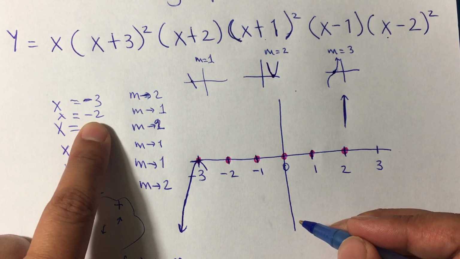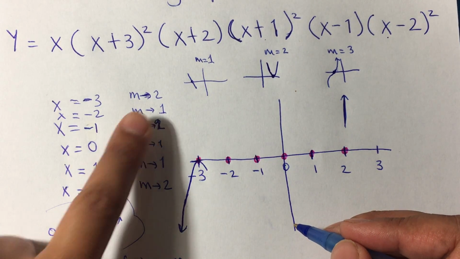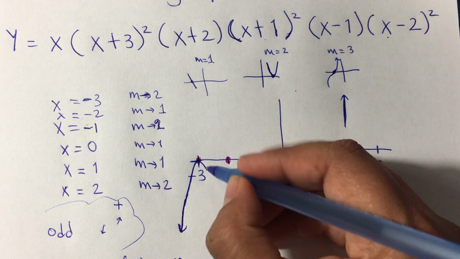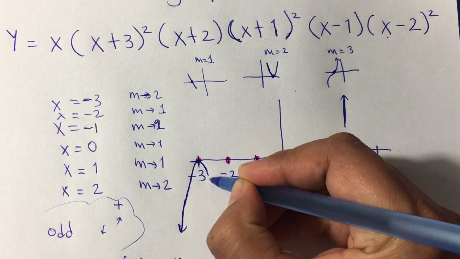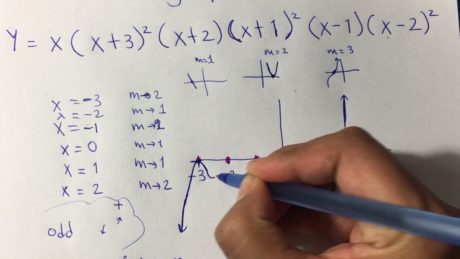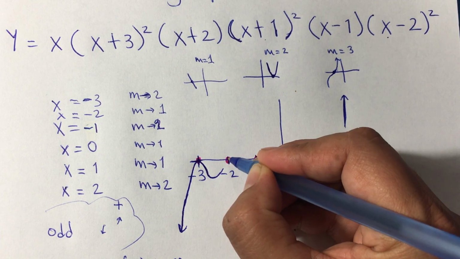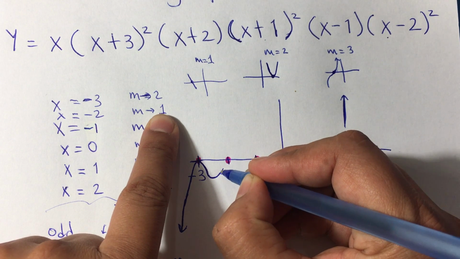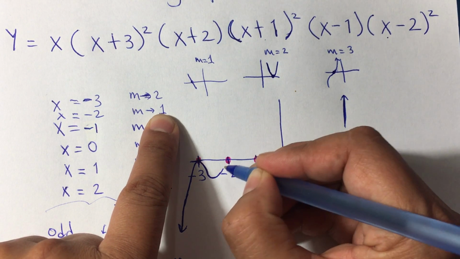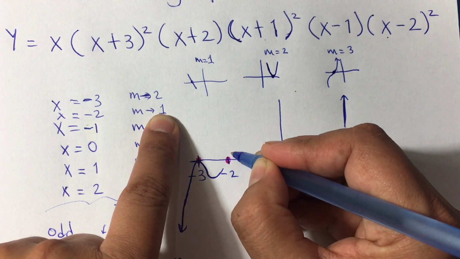For -2, it has multiplicity 1. What does that mean? In here, we don't know how far it goes, but you just turn around and go on that point. Multiplicity 1 means just go beyond without creating a curve.